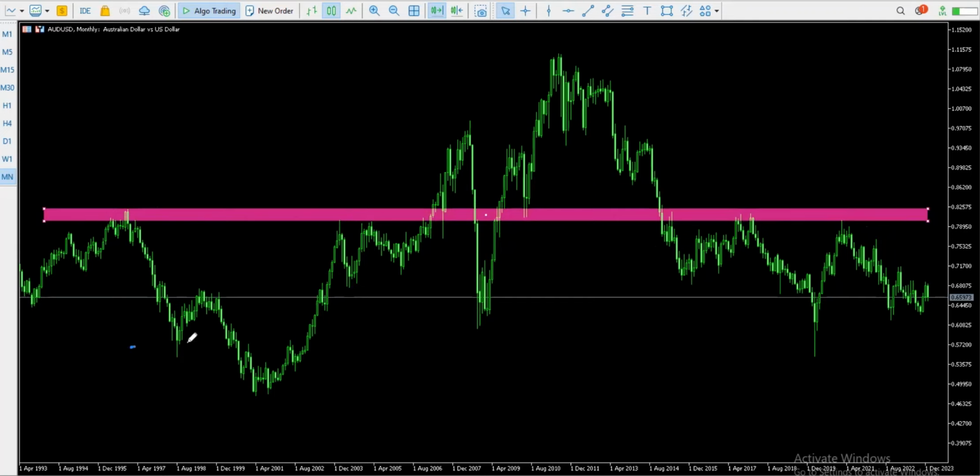As you can see, I'm seeing one key level around this point. So let's pick our rectangular tool and draw it.